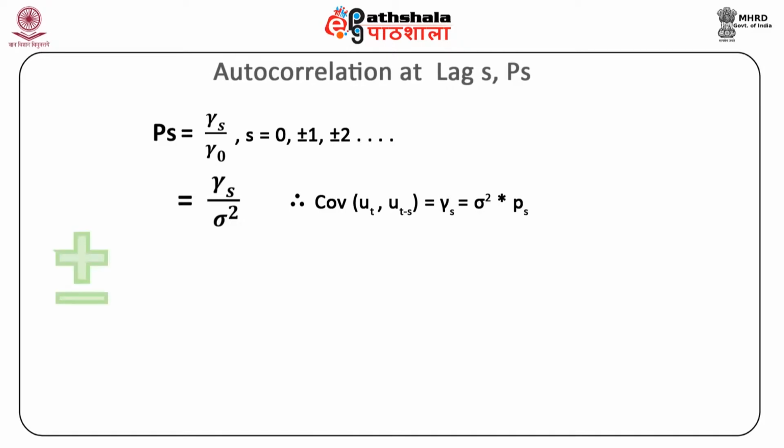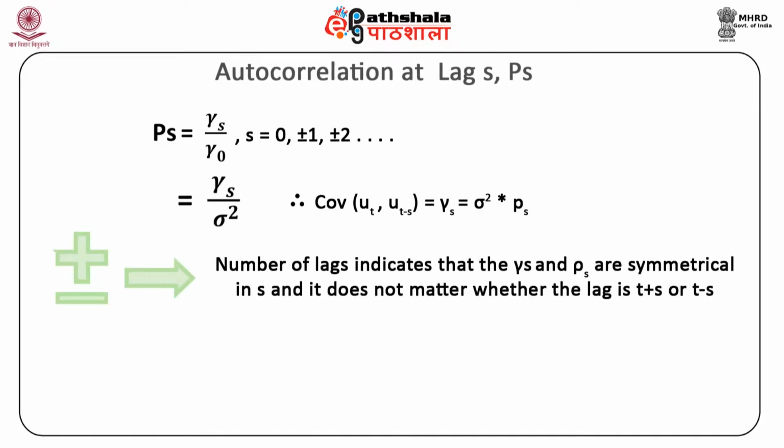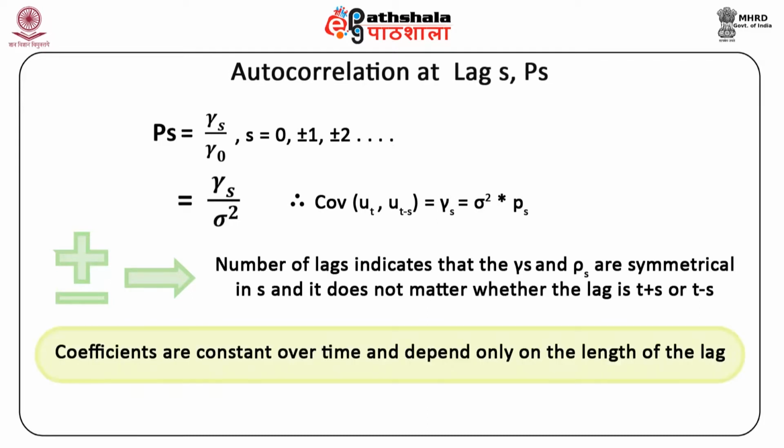The symbol plus or minus before the number of lags indicates that the gammas and rhos are symmetrical in s, and it does not matter whether the lag is t plus s or t minus s. So these coefficients are constant over time and depend only on the length of the lag.